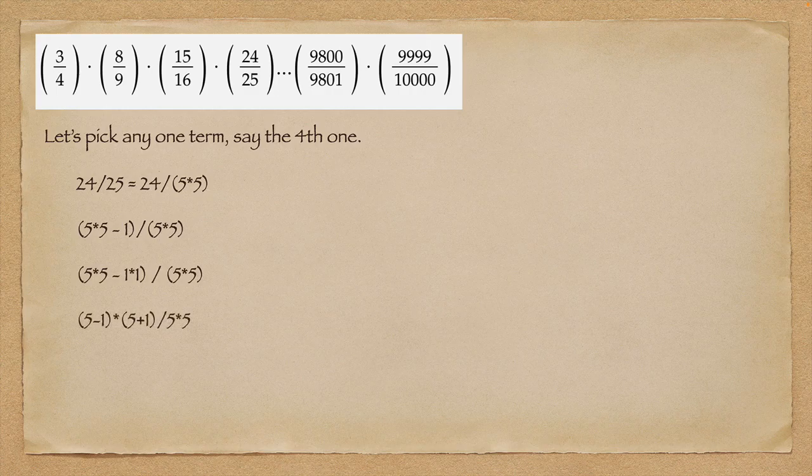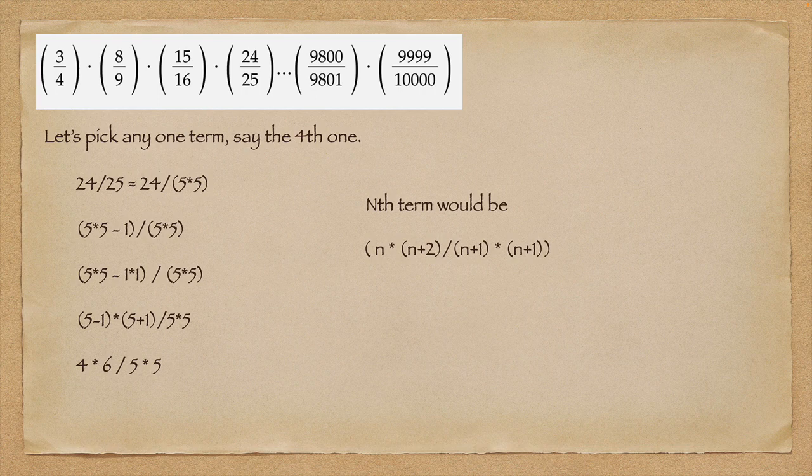And therefore, it's 5 minus 1 times 5 plus 1, because a squared minus b squared is a minus b times a plus b, divided by 5 squared. So 4 times 6 divided by 5 squared. I can break down 24 by 25 into its constituent parts as 4 times 6 divided by 5 times 5. Now the nth term, the more generic term, is going to be n, because the fourth term here starts off with 4. So it's n times n plus 2 divided by n plus 1 times n plus 1.